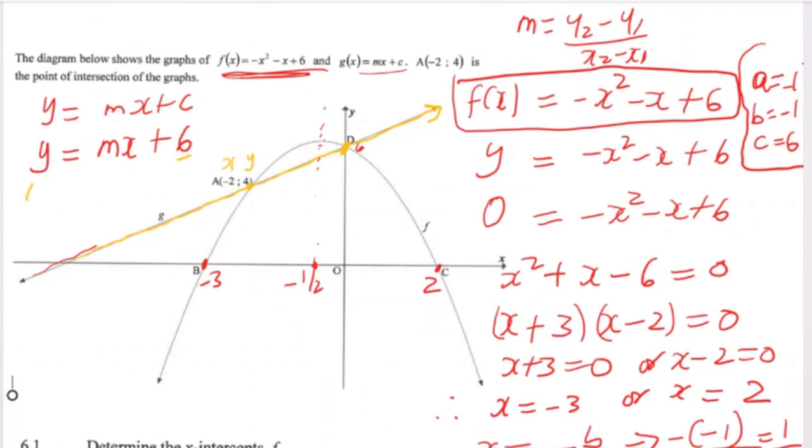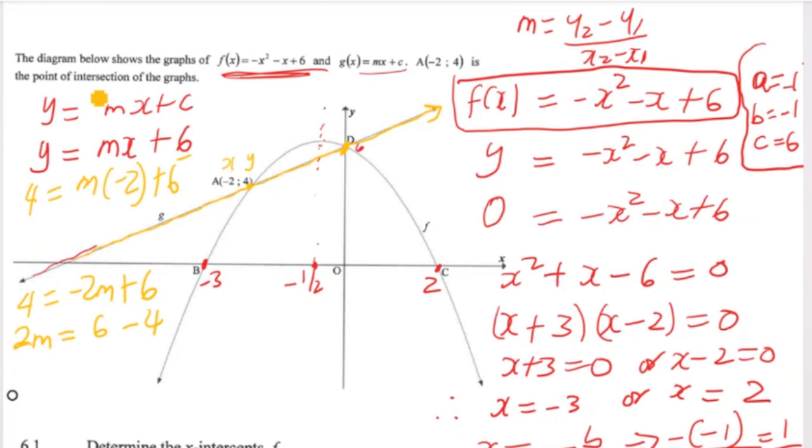You're going to have 4 is equal to m times my x, which is -2, plus 6. So this is going to be 4 is equal to -2m plus 6. Okay, so negative 2m is equal to 6 minus 4.